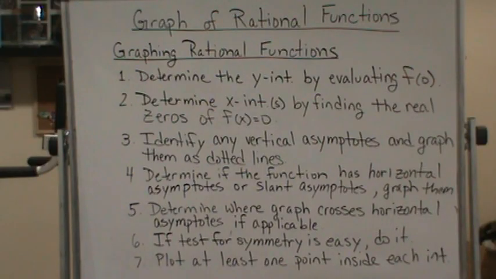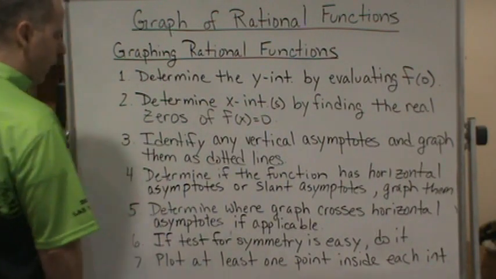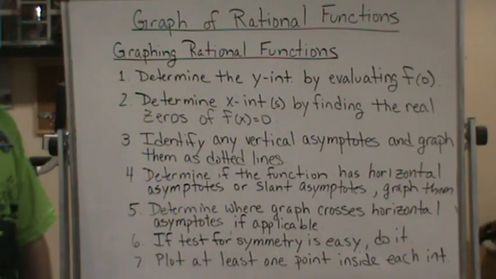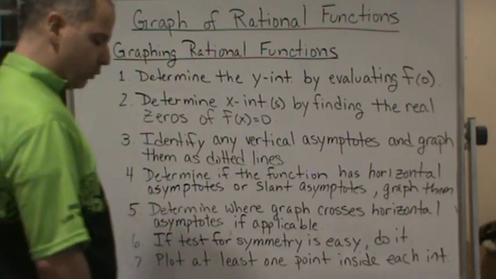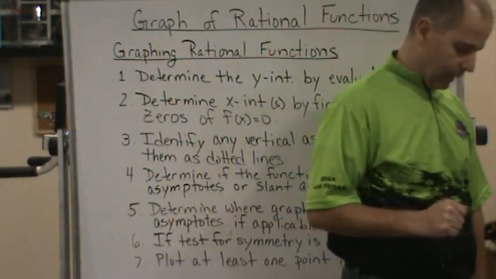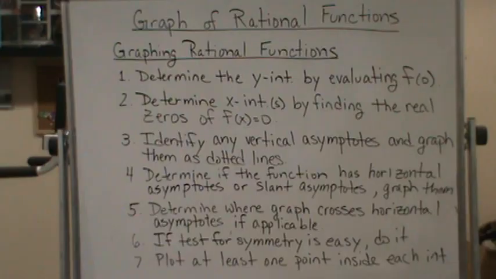Okay. 7, plot at least one point inside each of the following intervals. That would be intervals between vertical asymptotes and x-intercepts, right? In between x-intercepts too.